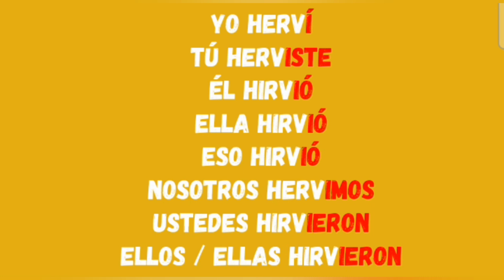They boiled in Spanish means ellos hirvieron. Ellos hirvieron if you're talking about a group of boys, and ellas hirvieron if you are talking about a group of girls, okay?